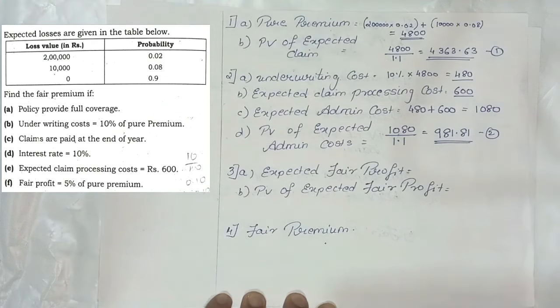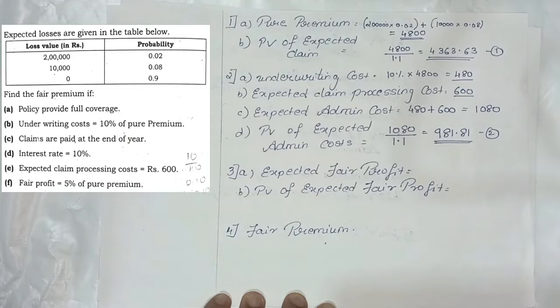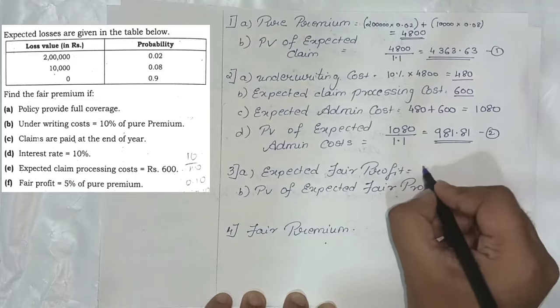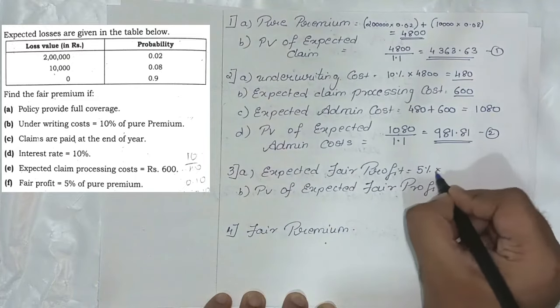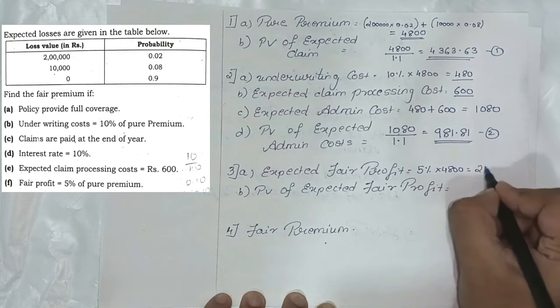Now third, we need to find the expected fair profit. In the question it is given that the fair profit is going to be 5% of pure premium. So again same logic, 5% of 4,800 comes to 240 rupees.